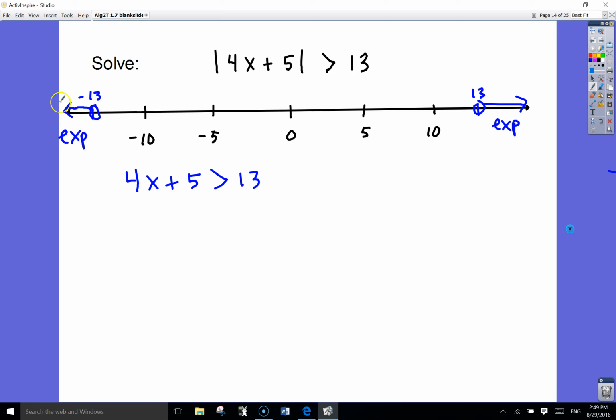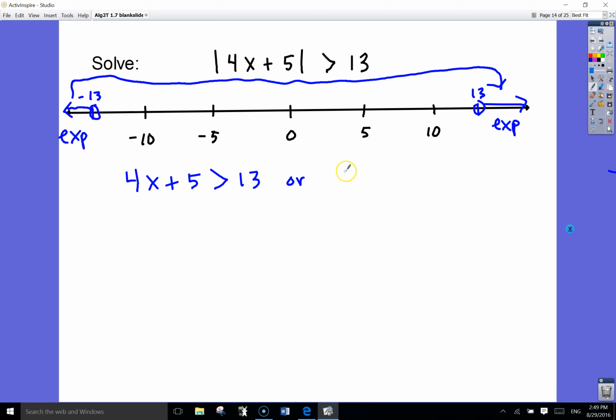Then what's going to happen when we take the absolute value of it? It's going to take the value and flip it so that it's up here. So actually we're okay if our expression, whatever's inside the absolute value, is either greater than 13 or less than negative 13. Because if it's less than negative 13, when you take the absolute value, it is greater than.